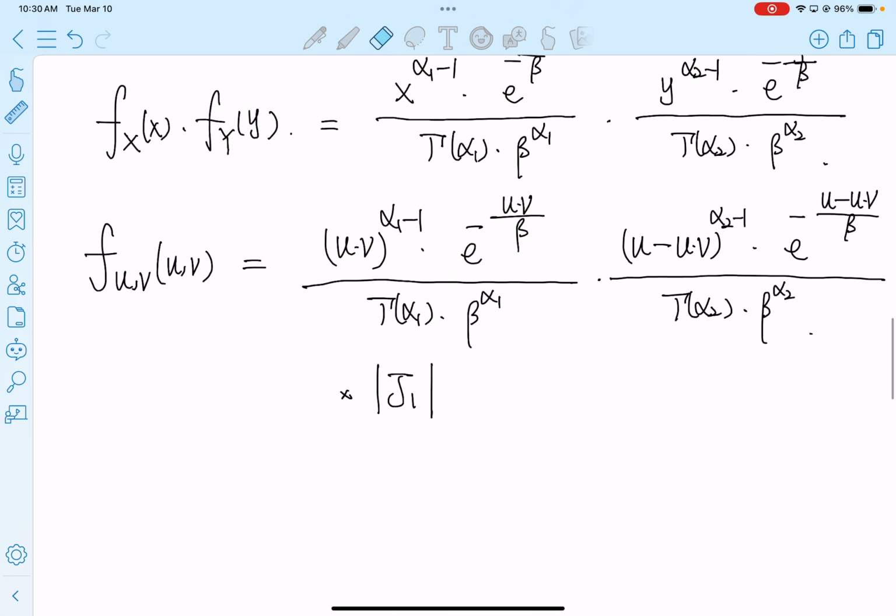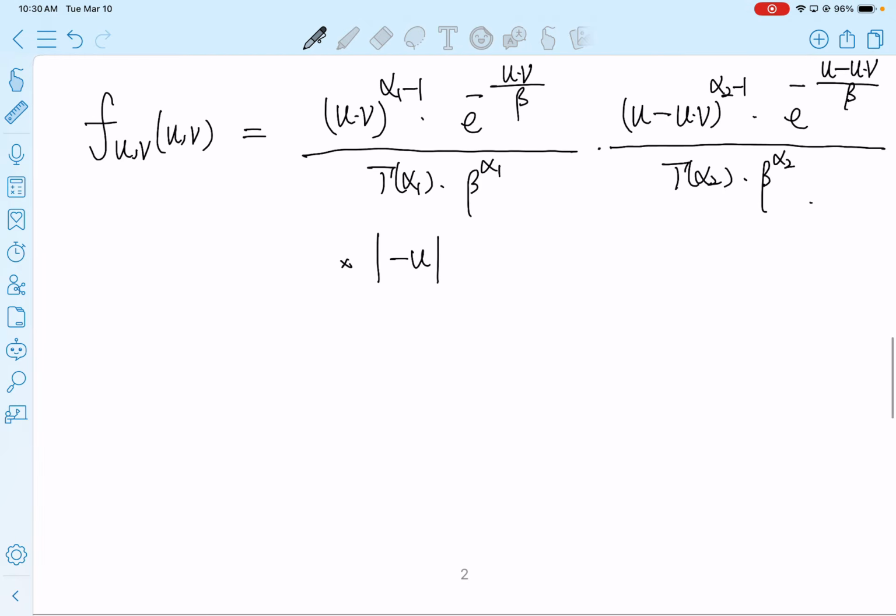So we multiply by the absolute value of negative u, which is equal to u. That will be our answer. On the right-hand side, it's only involving u and v. So that is the joint density function for u and v.